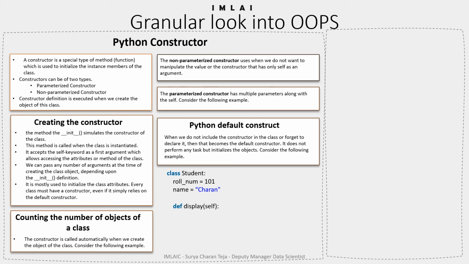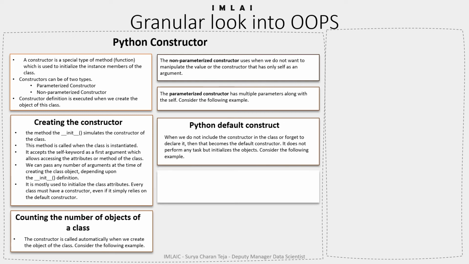That's why we have to use self for whichever method we write after that. So print self dot roll number and self dot name. Then we'll generate an instance, apply that method to that instance, and we'll get a proper output.